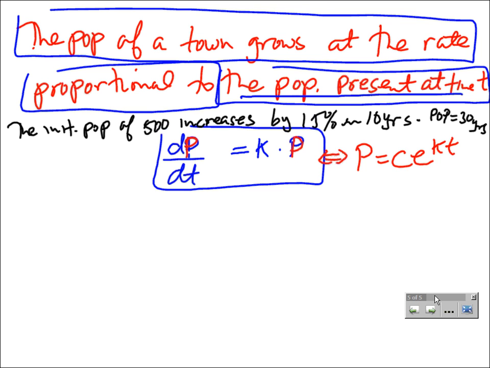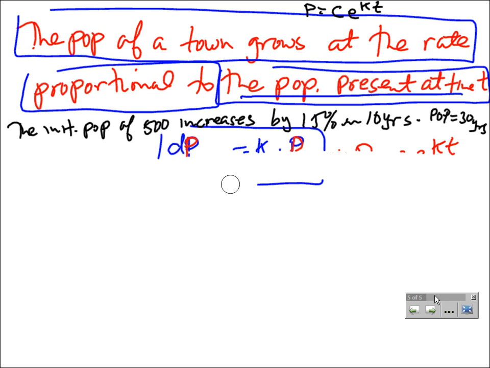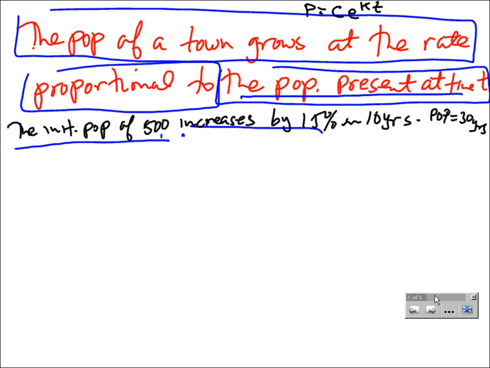Okay. So we know that P is equal to C e to the kt. Well, let's look at this line in black. The initial population of 500. Well, P of 0 is C e to the k times 0. K times 0 is 0.